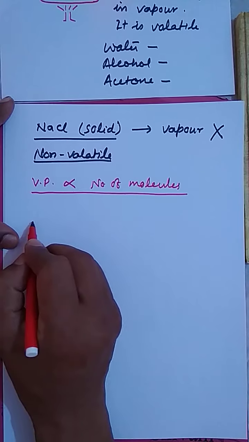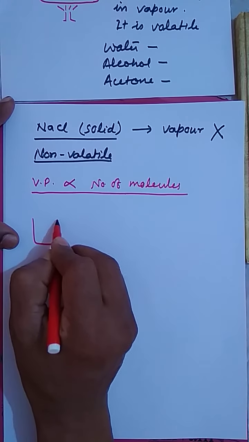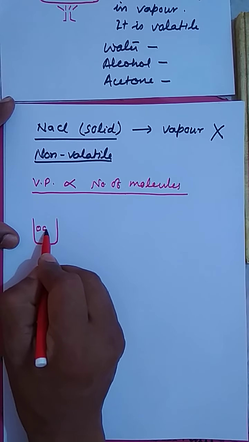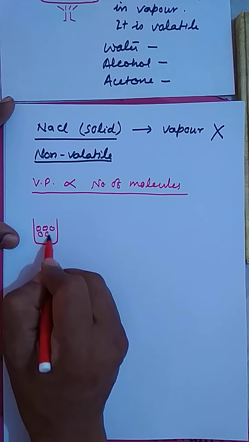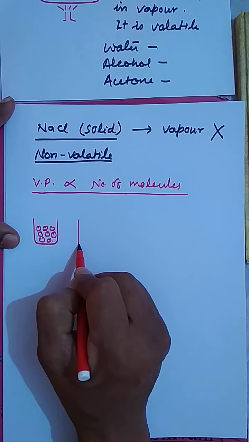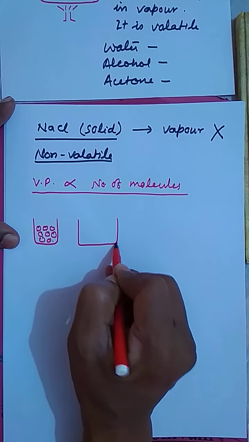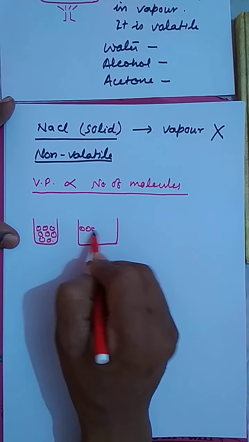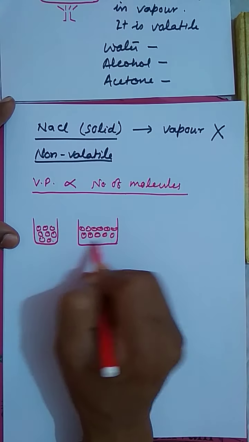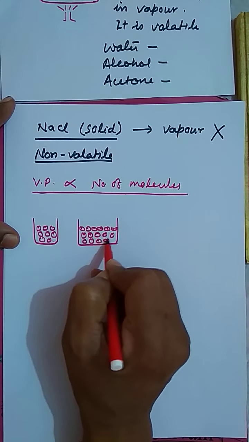For example, suppose a volatile component is kept here and a few molecules are there. The same volatile component is kept in a larger container and the number of molecules is more.